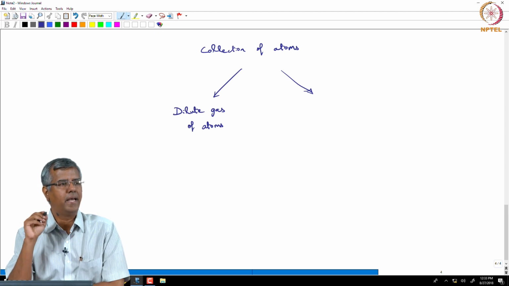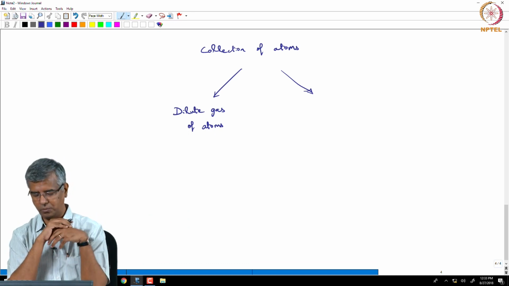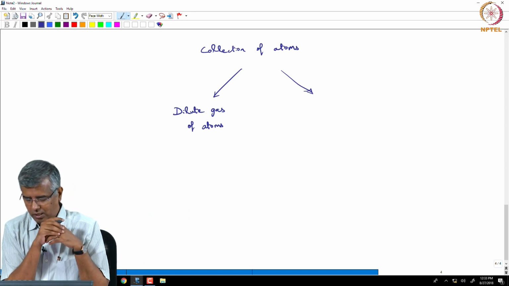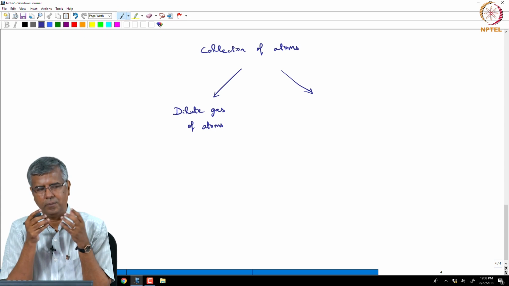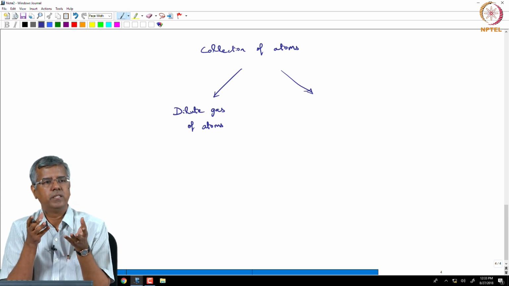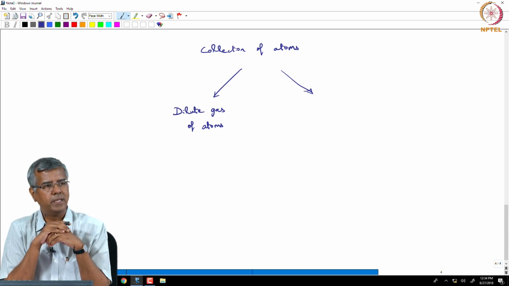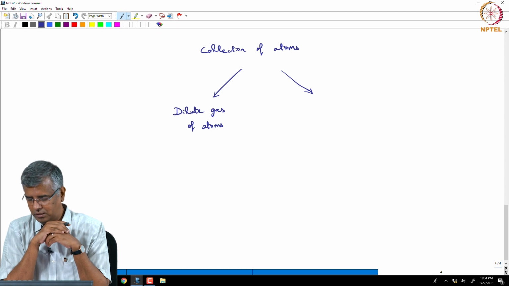Okay, it's just a dilute gas of atoms dispersed in a host medium. This holds good for gases, and for relatively low concentration solutions, the kind of solutions you are dealing with, like rhodamine 6G in methanol.